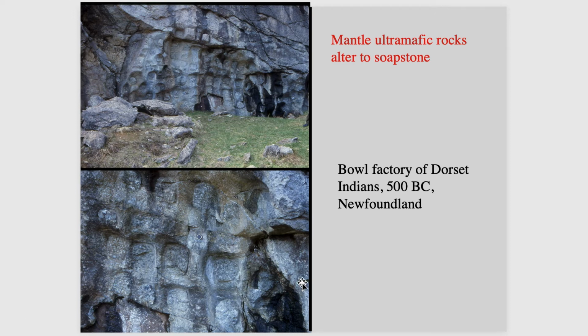And this is famous also for Newfoundland with this bowl factory in Dorset, which is one of the oldest, I think, for the production of soapstone. It's dated 500 before Christ.